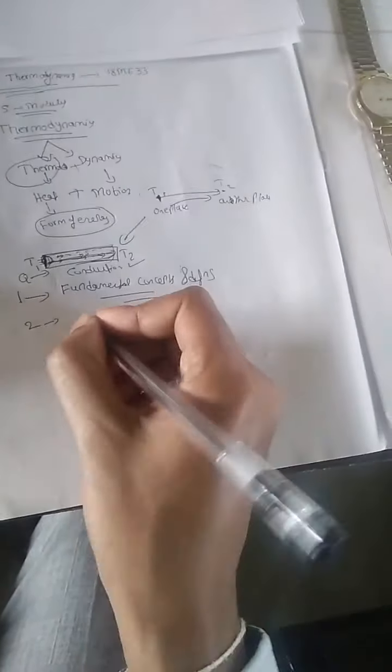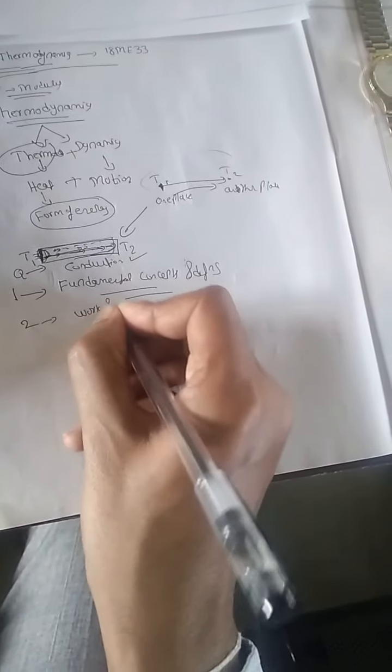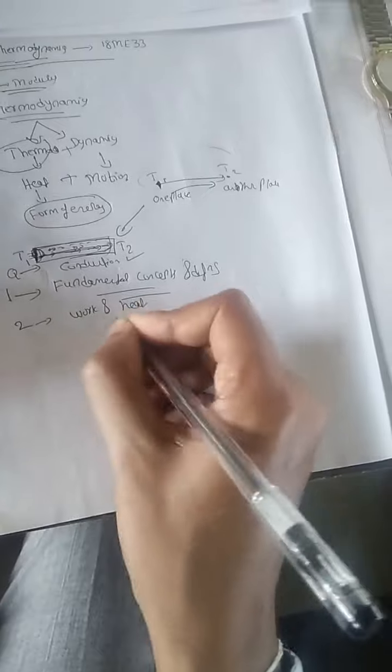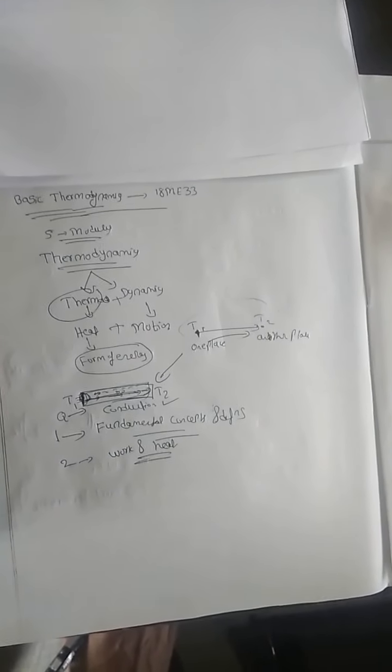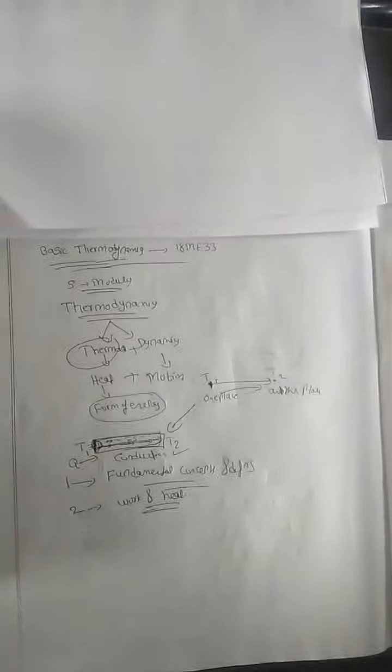Next, in module number 2, what do you have to study? Work and heat. All of you know what work is and what heat is. I think you studied it in PUC or at school level.